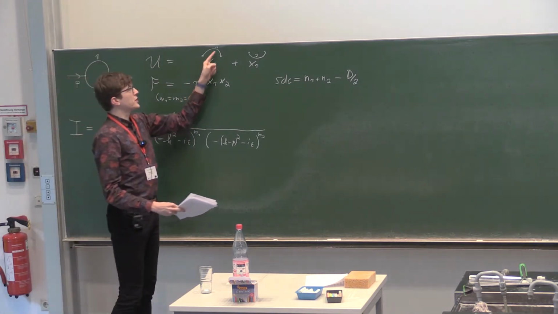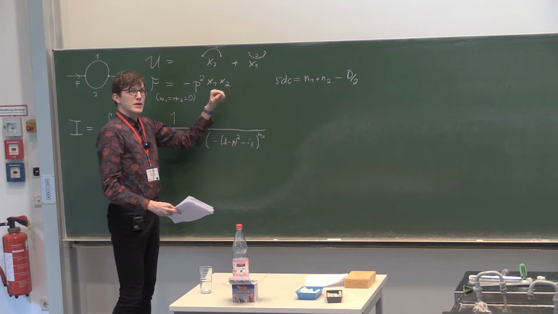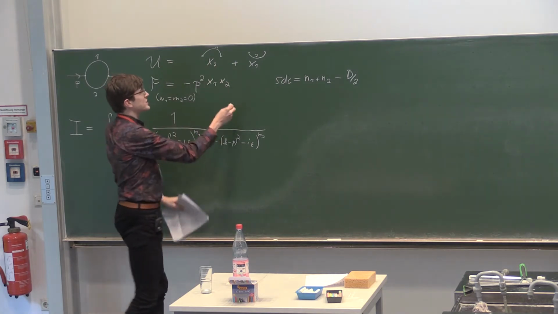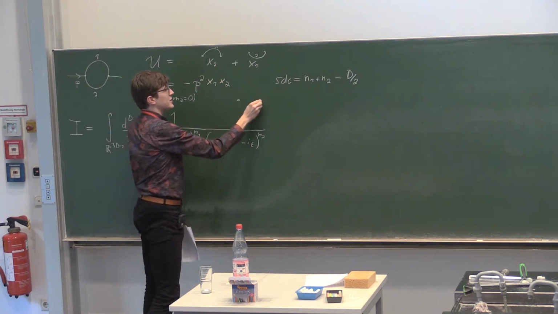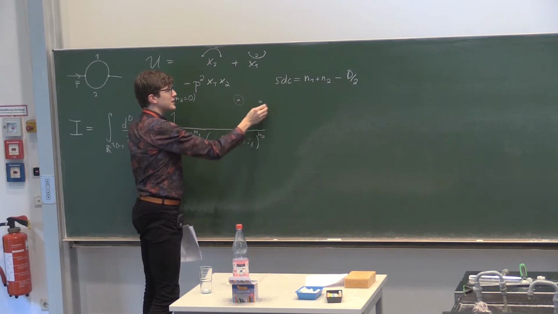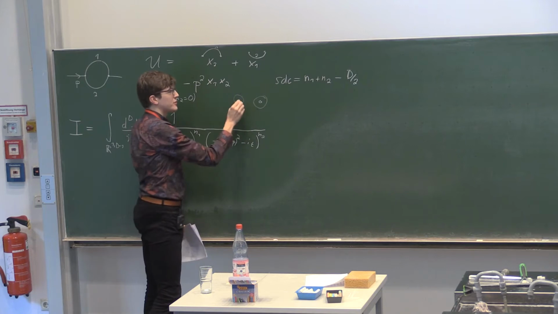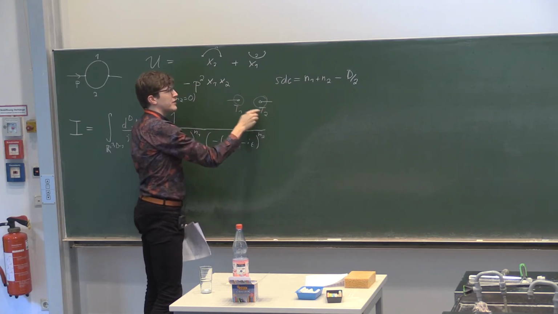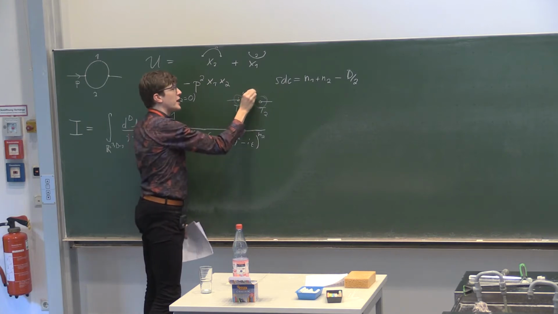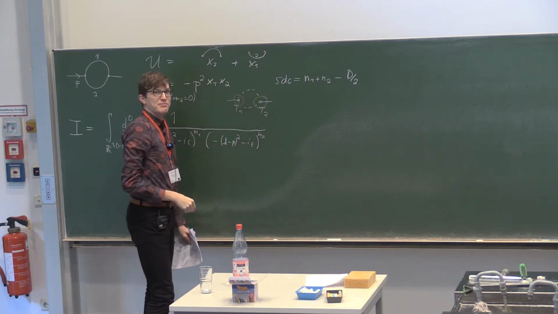So here we have one tree connecting both vertices. Now if I delete one more edge, then the forest itself is empty. It doesn't have any edge. But this means it leaves two trees, which in this case are very simple trees, which don't have an edge, just the two external vertices. So this is my one tree, this is my other tree. Together they form the forest, and the two edges are not in the forest.